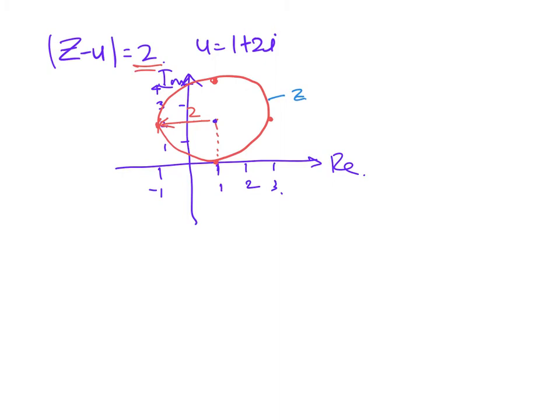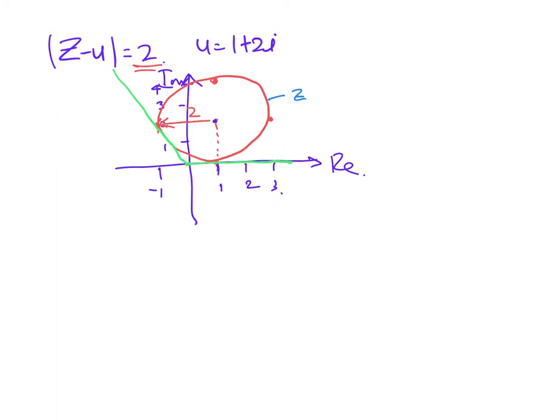From the origin, that's one line that touches the locus, and the other line that touches the locus will be this line here.